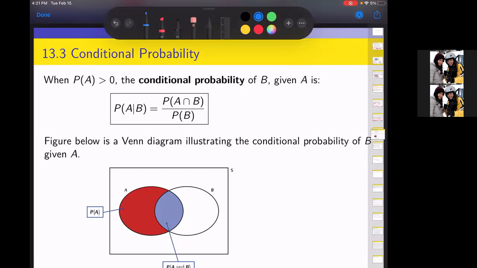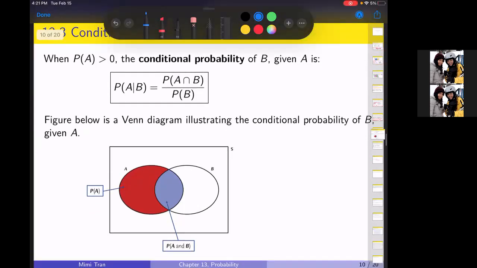So here's a Venn diagram. P of A and B is this purple part. Let me fix this. I copied this picture from the textbook, so my way of explaining it, the notation is slightly different.